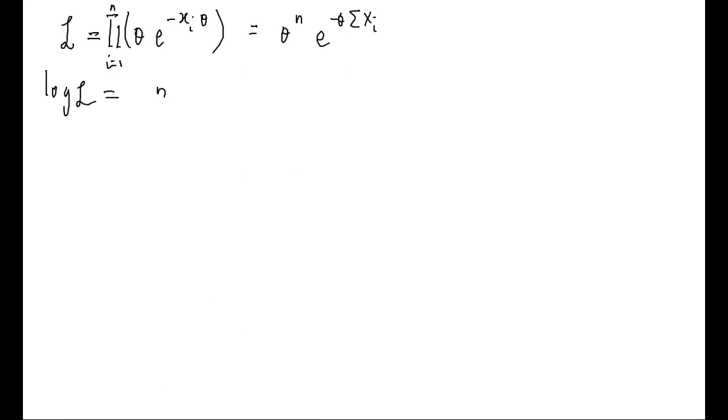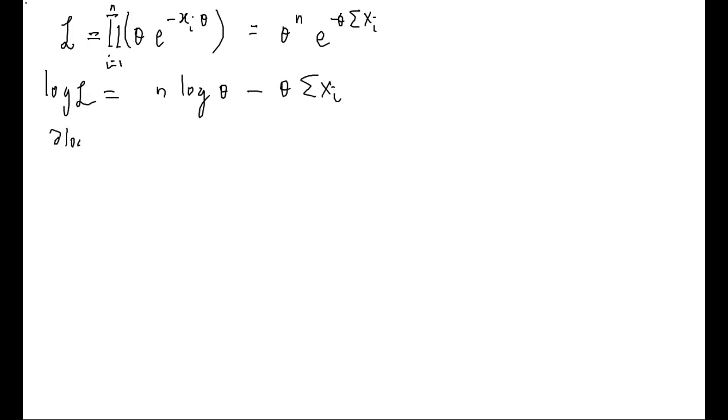So the likelihood function is basically your theta e to the minus xi theta. You just multiply all the densities together, so you have theta to the power of n, e to the minus summation xi theta. So your log likelihood is n log theta minus theta summation xi.